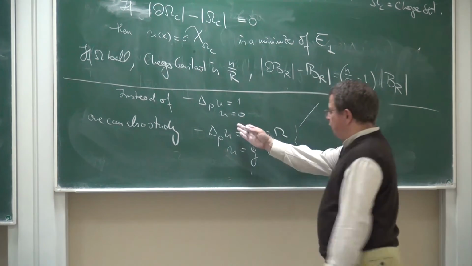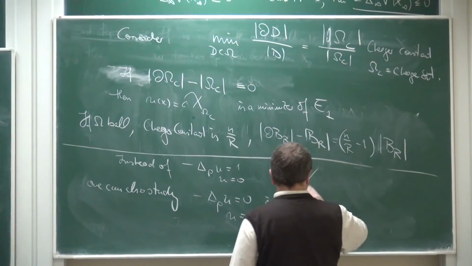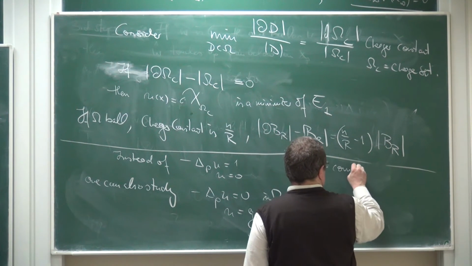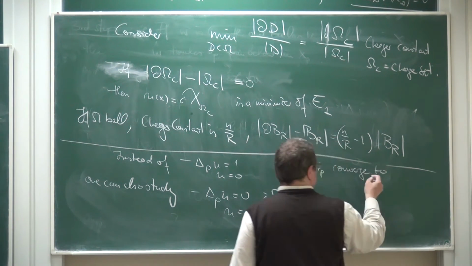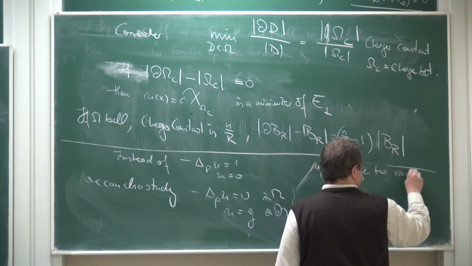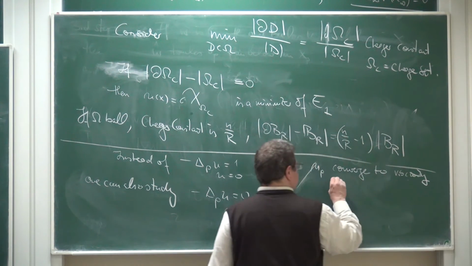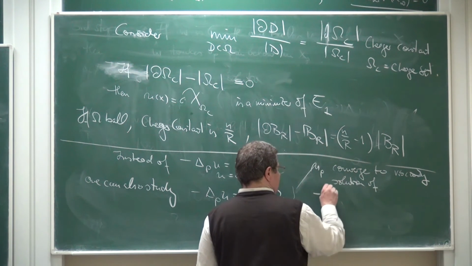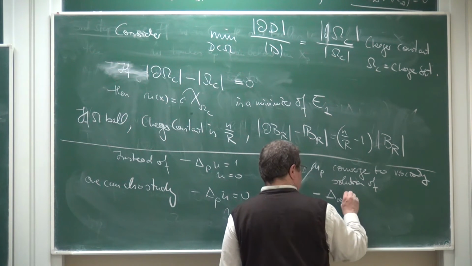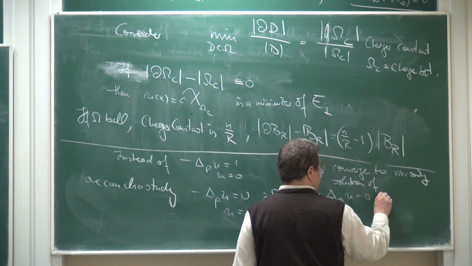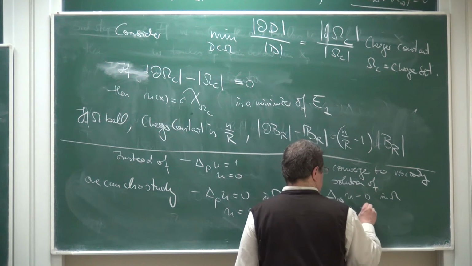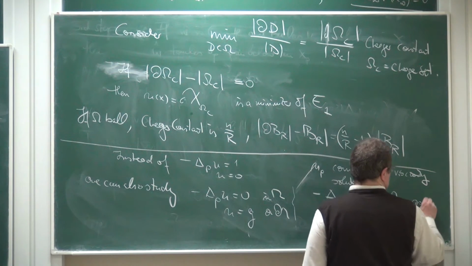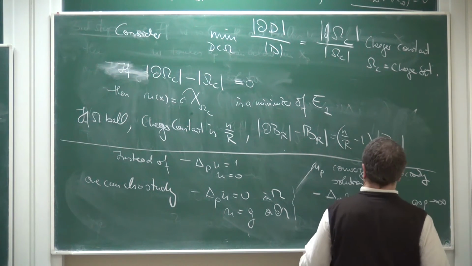And then if we call the solutions to these problems u_p, they converge to a viscosity solution of minus the infinity Laplacian of u equal to 0 in omega, u equal to g on the boundary, as p goes to infinity.